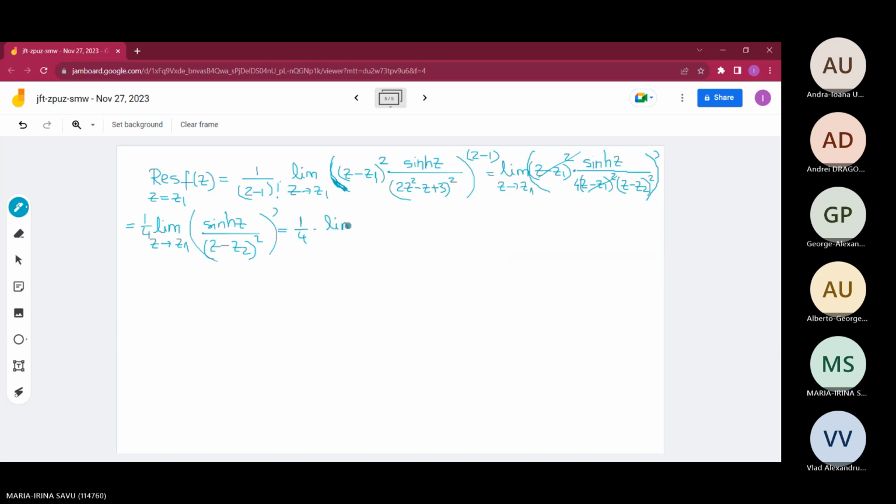So this is the limit when z goes to z1 of, let's think about it as a fraction, the derivative of the hyperbolic sine, which is hyperbolic cosine, times (z minus z2) squared, minus this function times the derivative of (z minus z2) squared, which will be 2 times (z minus z2), because this is u squared, and when you compute the derivative of u squared, you get 2u times the derivative of u, which is 1, all over (z minus z2) to the fourth.